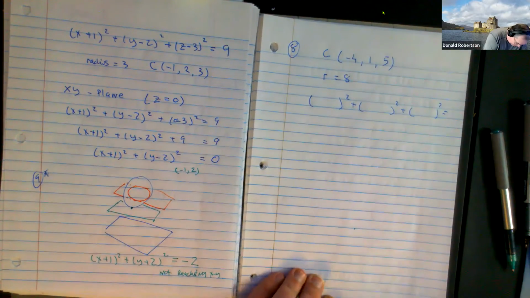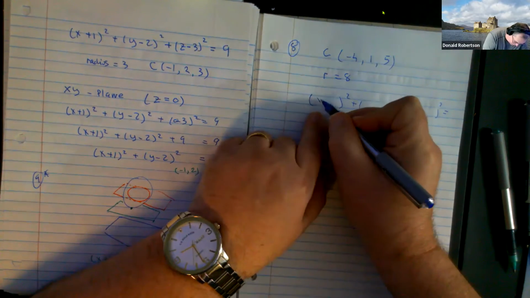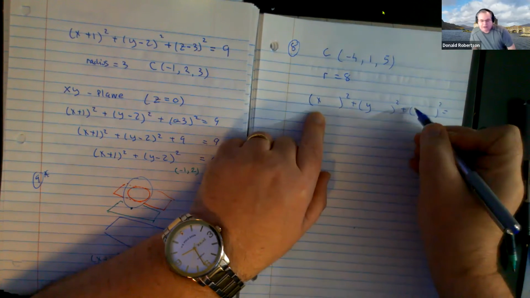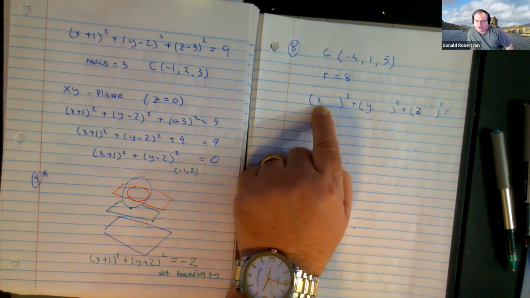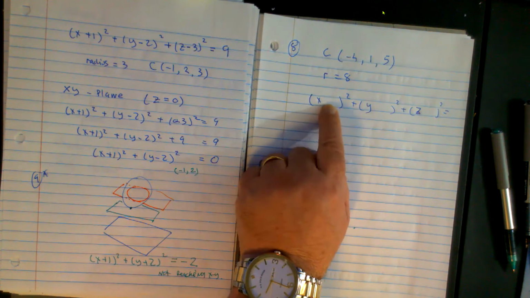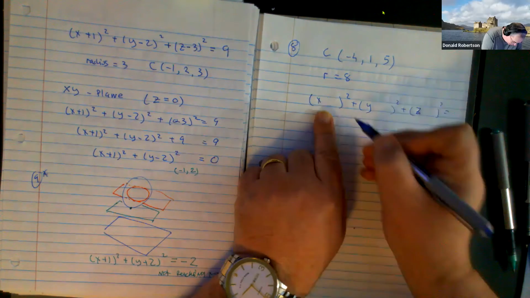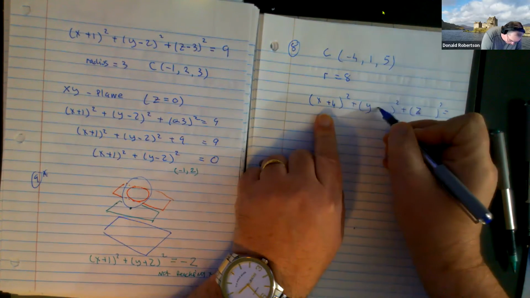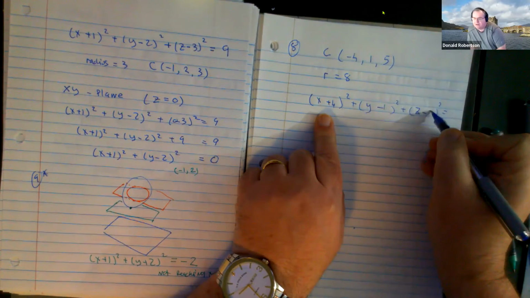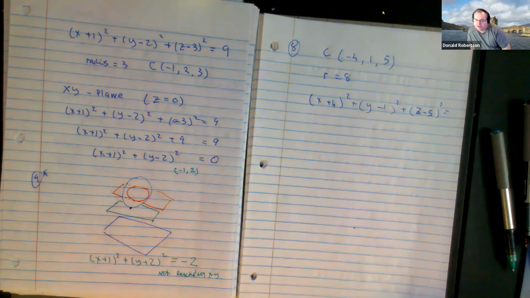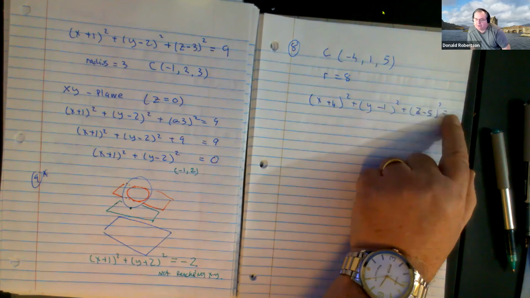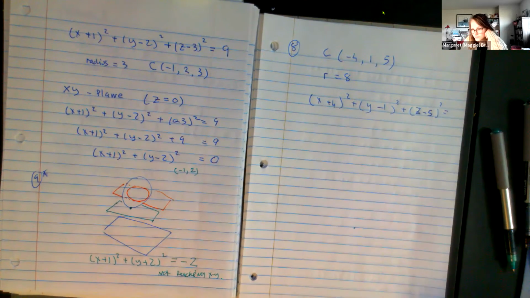Okay, X goes there, Y goes there, Z goes there. Is this X plus 4 or X take away 4? X plus 4. Great. Would you agree the next one is take away 1 and then take away 5? Agreed? What number goes here where my finger is? 64.